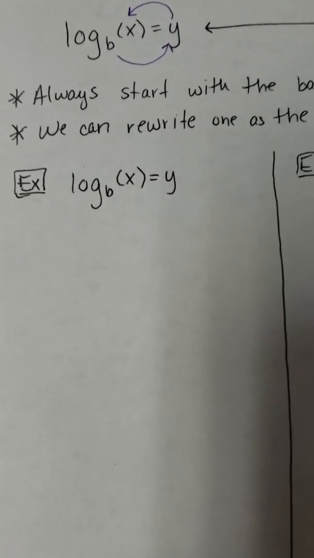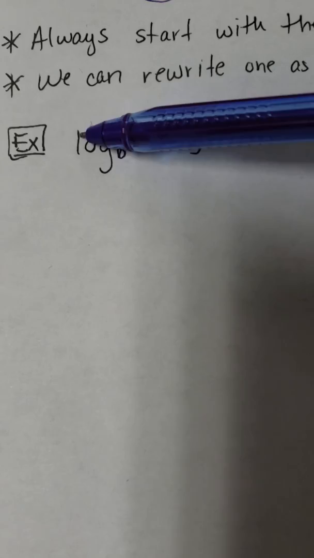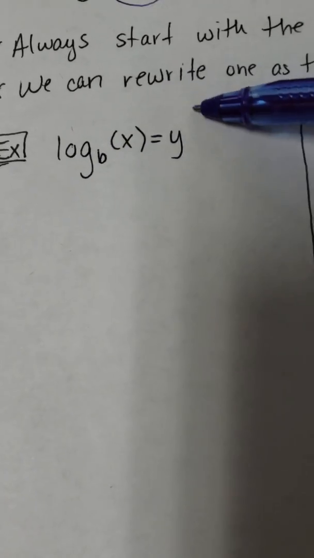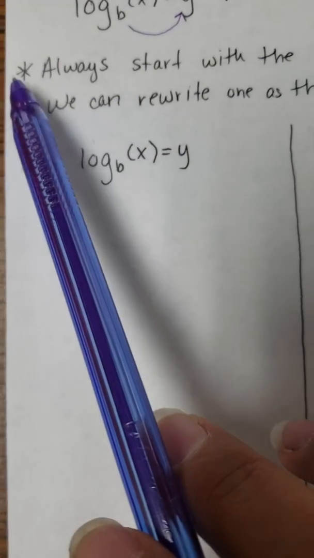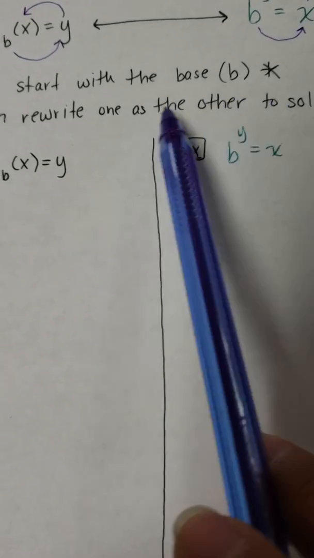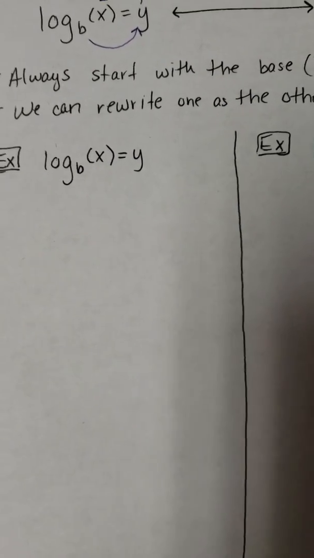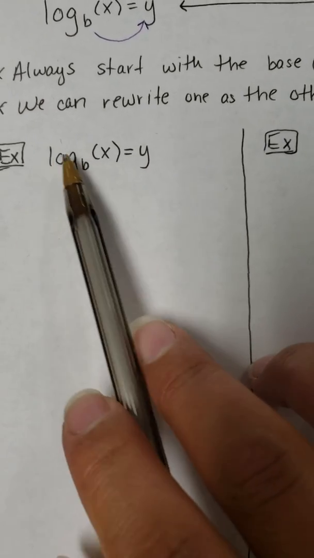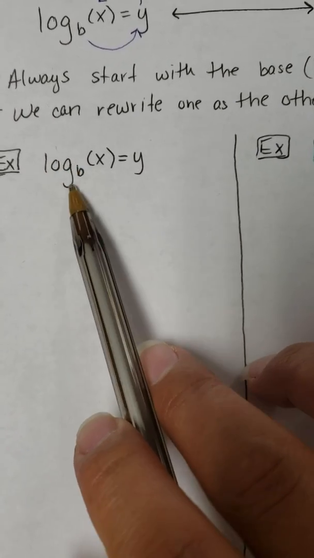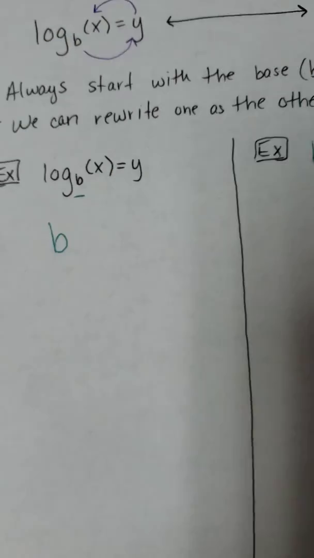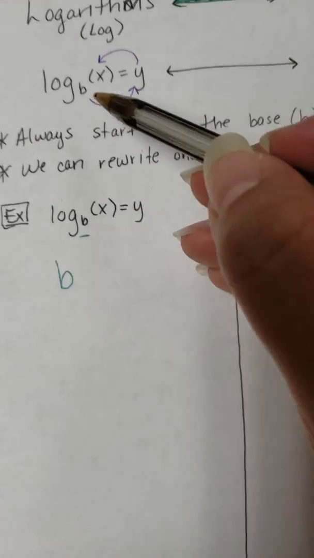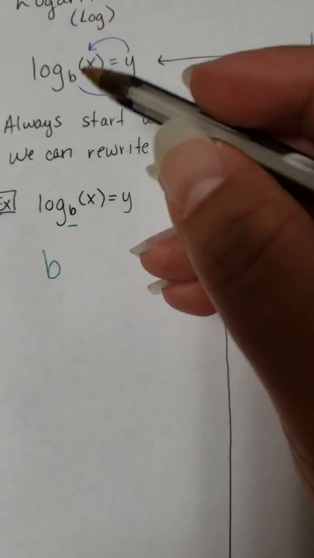So zooming in here on the logarithm, we have log base b of x is equal to y. Now there's a note here that says you always start with the base. So the base of this one is my b, okay? So if I'm going to write this as an exponential, I'm pretty much going to get rid of the log. So to do that, I start with my b, and it would be right here. So b, okay? And then if you look at the little diagram up here, it just goes around in a circle.